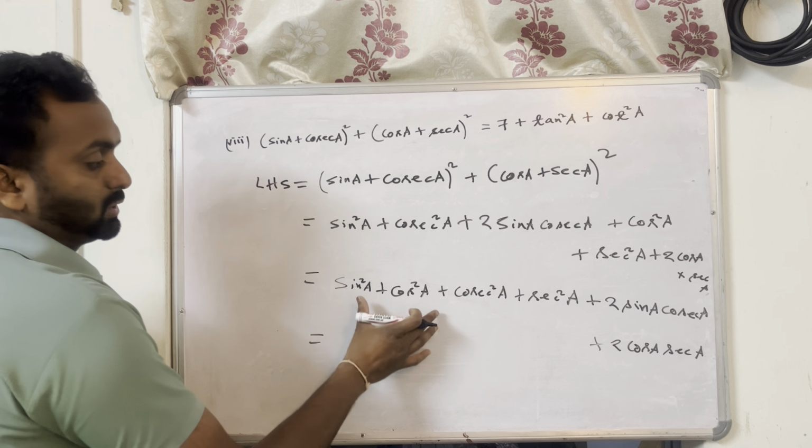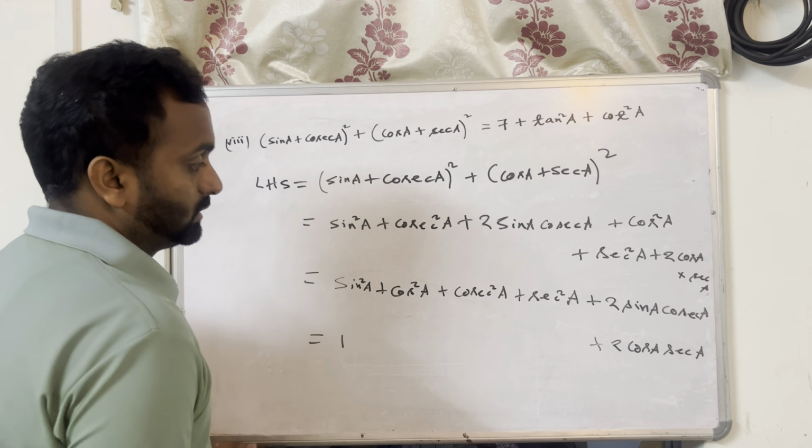So sin square A plus cos square A is how much? It is 1.